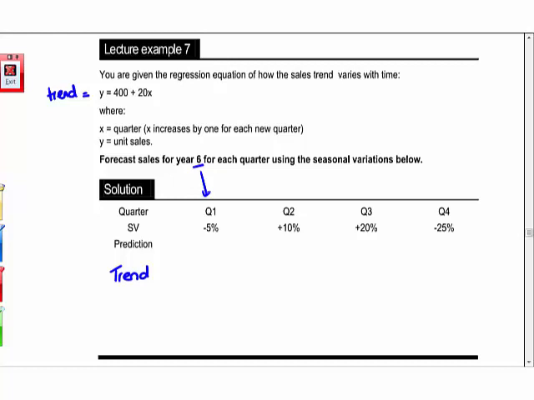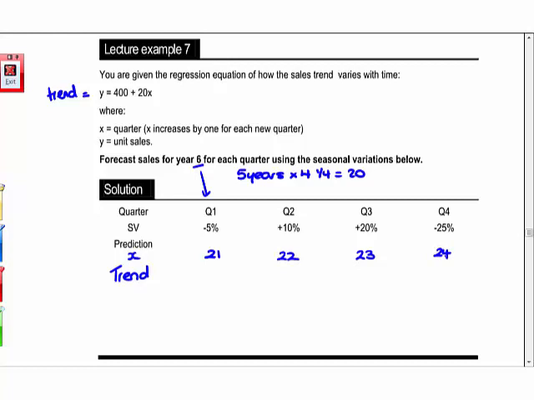So what we've got then is we've already had 5 years of observations, and there are 4 quarters in each year. So we've already had 20 observations. So quarter 1 for year 6 is going to see that x is going to be 21. It'll be 22 for quarter 2, 23 for quarter 3, and 24 for quarter 4.